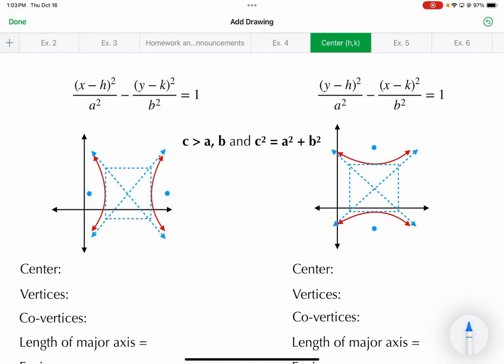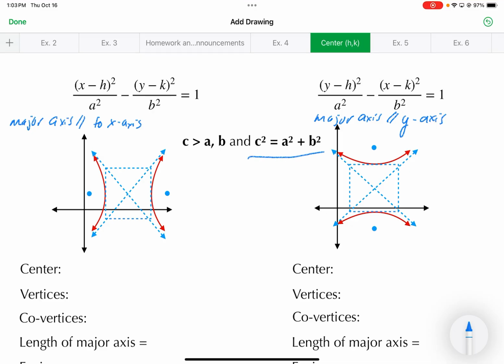So I'm going to say major axis parallel to x-axis. And then obviously over here, our major axis would then be parallel to our y-axis.